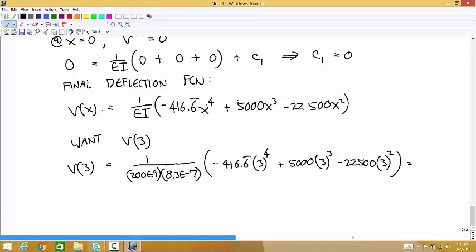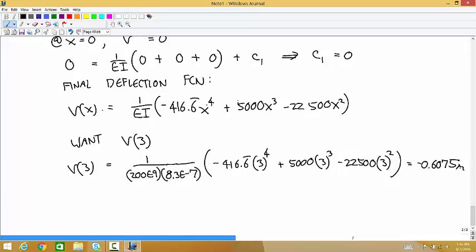And you get a value that actually probably means this problem is pretty unrealistic. You get a deflection of negative 0.6075 meters.